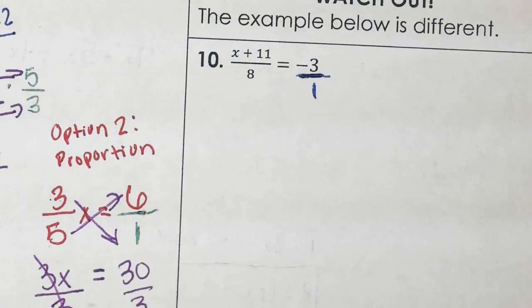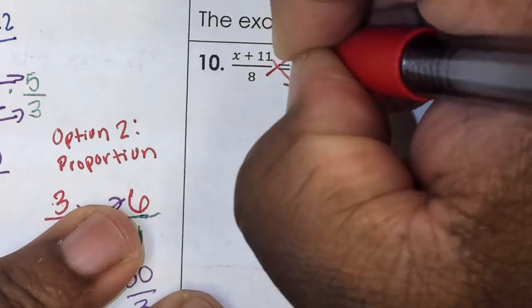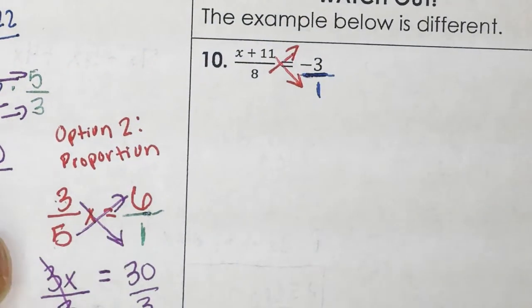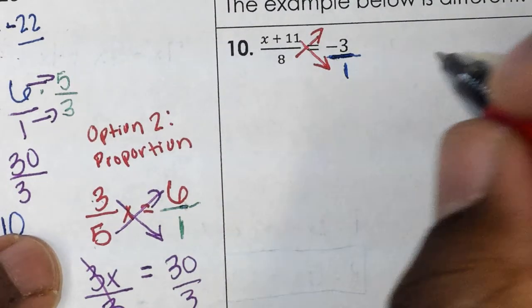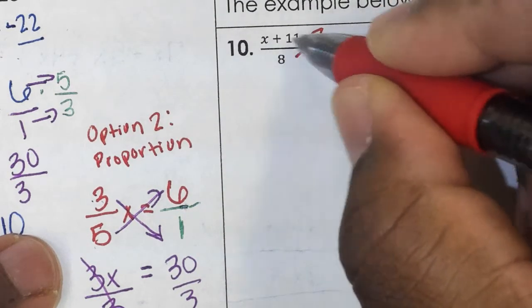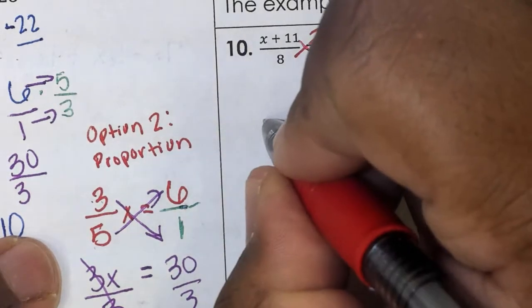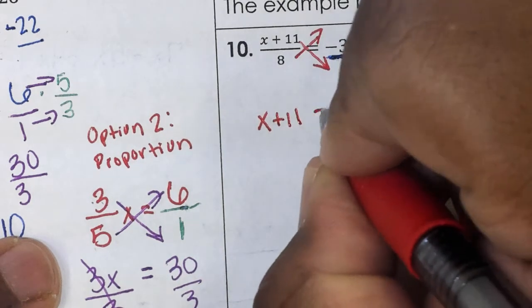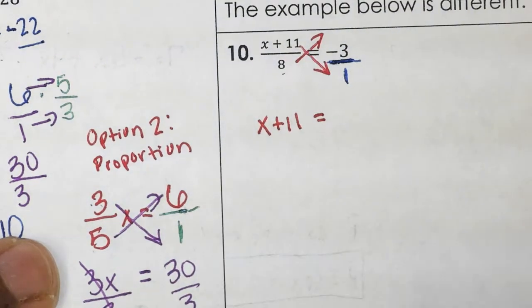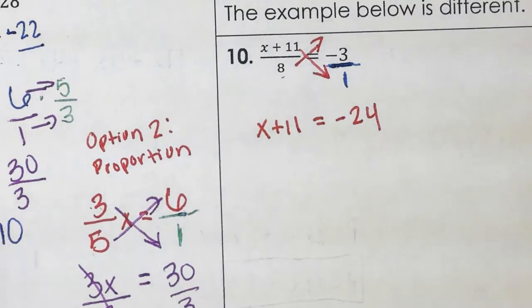Put a 1 under that. Cross multiply here, here. Since this expression up here is times 1, it's just going to turn into itself, so you don't need to do distribution. It'll just be x plus 11 equals 8 times negative 3, which is negative 24.